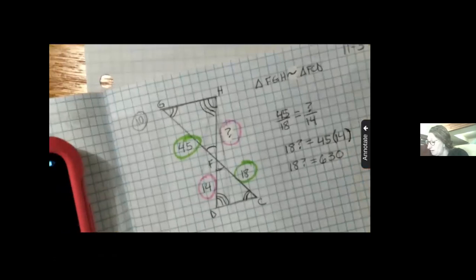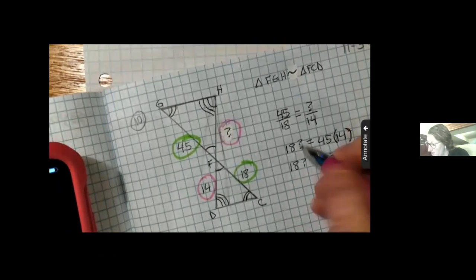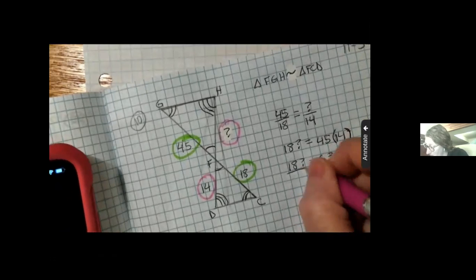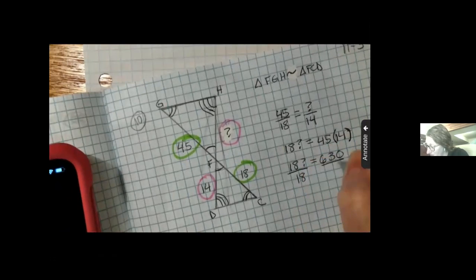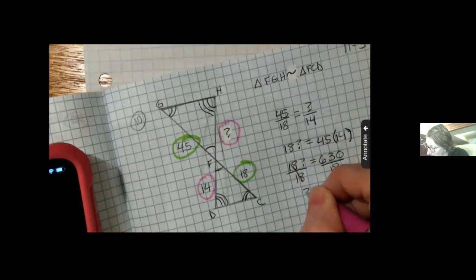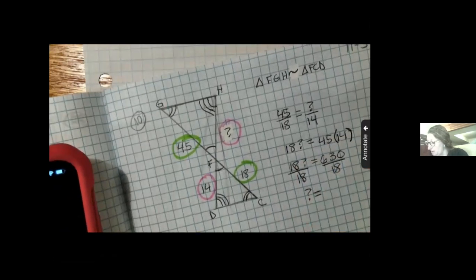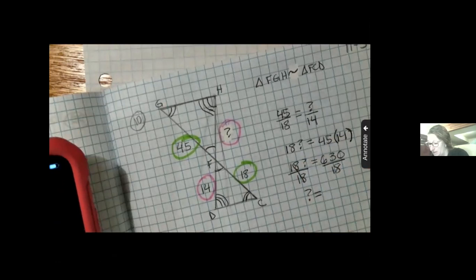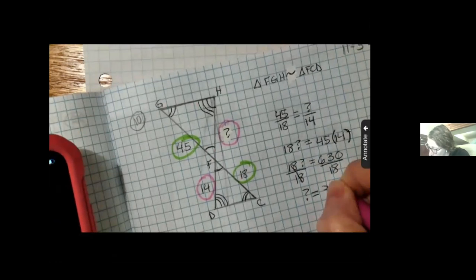And then how do I get the question mark by itself? Same as I would if it were an X. I divide by 18, and now the question mark side is by itself, and I take 630 divided by 18, and it's 35.